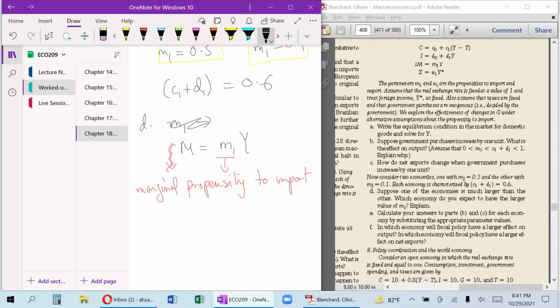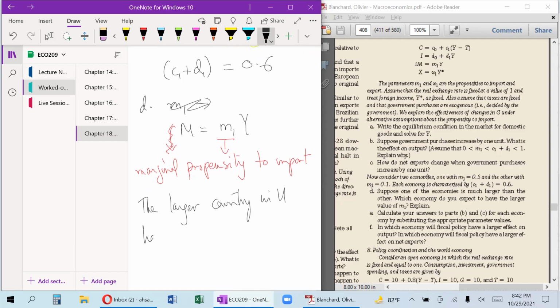I'm going to give you the answer, of course, but spend a few minutes and see if you can figure it out. Think of India and Bangladesh and try to figure out which country will have a higher propensity to import.